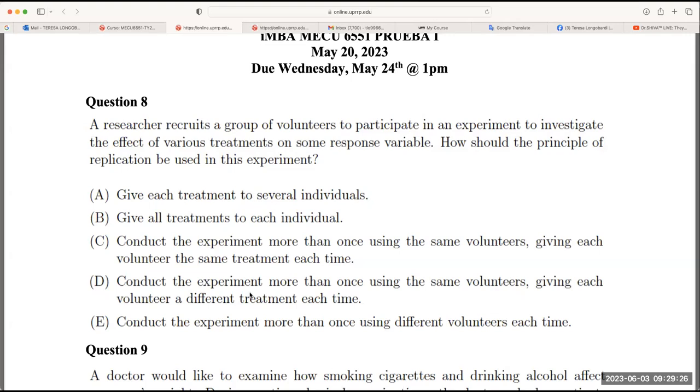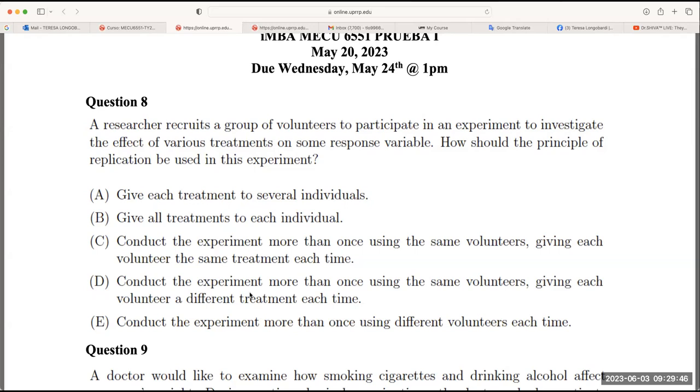So which one would you think that I should have mercy points for? Well, like I mentioned, I answered D because of conducting the experiment more than once, meaning that it would be replicating the experiment. But we never discussed that. It's not replicating the whole experiment.